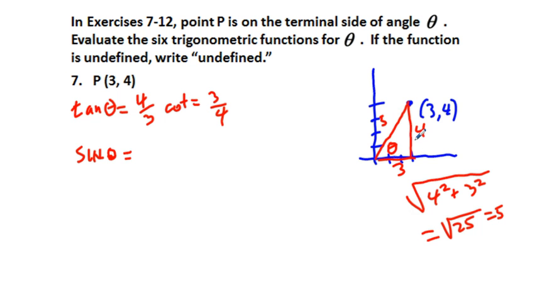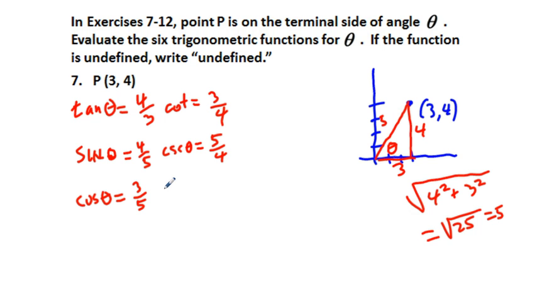And the sine is going to be opposite over hypotenuse, so opposite over hypotenuse is going to be 4/5. And the cosecant theta is going to be the reciprocal of 4/5, which is 5/4. And the cosine of theta is going to be adjacent over hypotenuse. Adjacent is 3, and hypotenuse is 5.